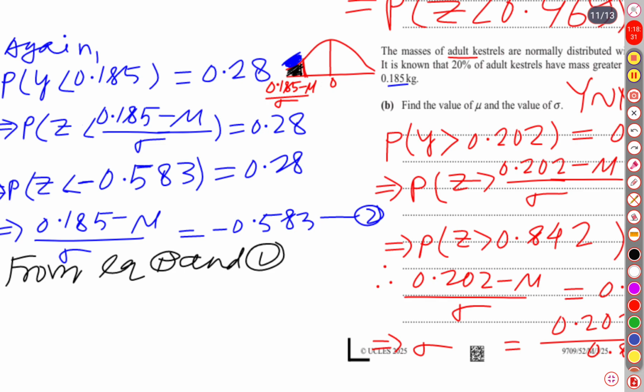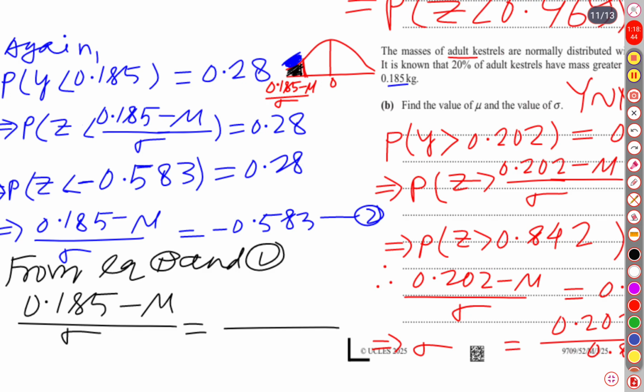So the left side of equation 1 was, let us write the second equation. 0.185 minus mu over sigma is equal to, sorry, equation 2 has not been formed well. Let us form equation 2 well.